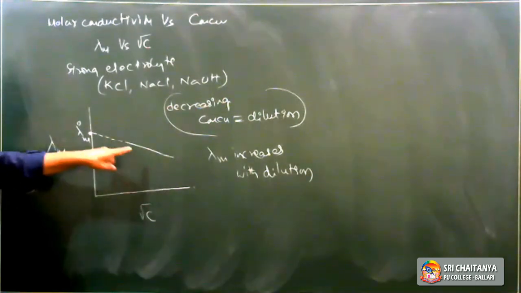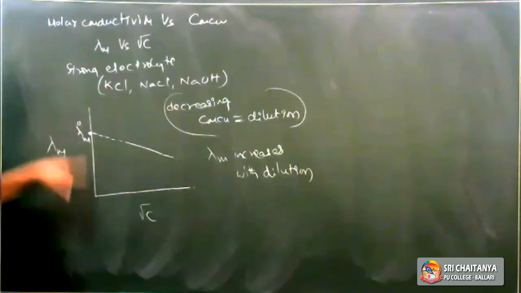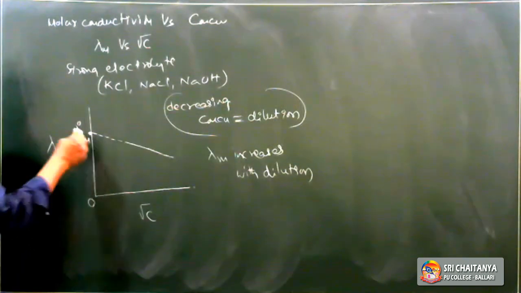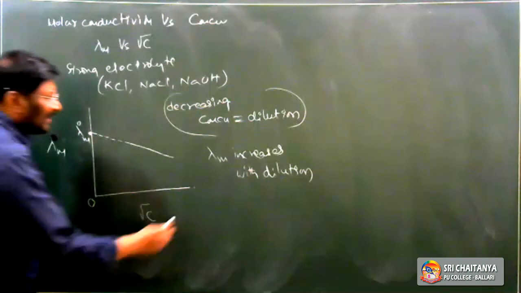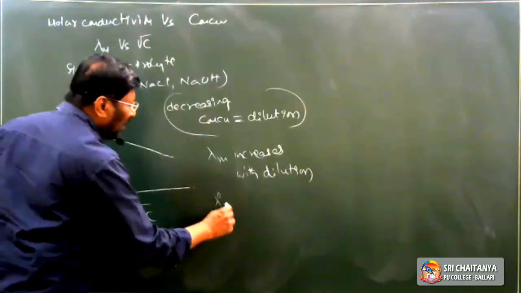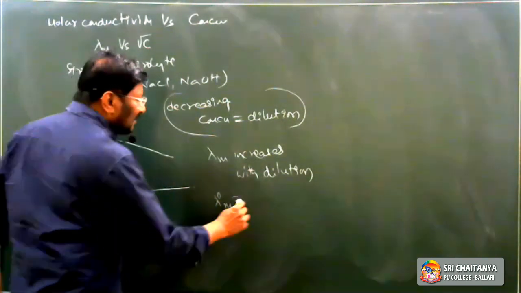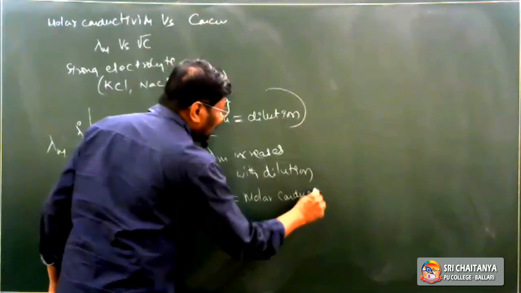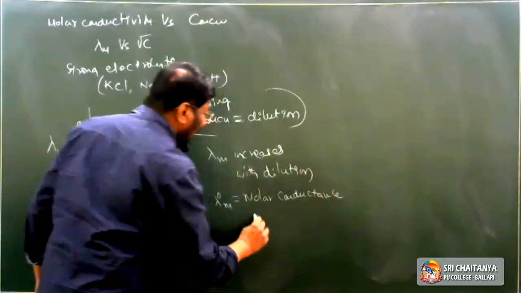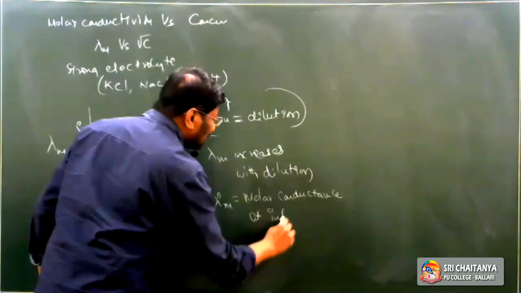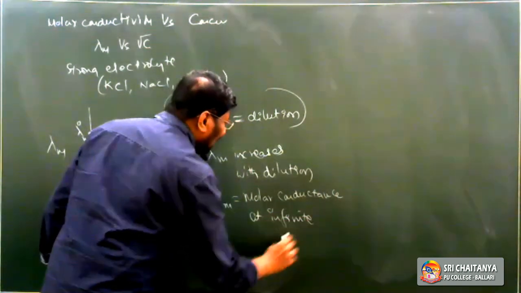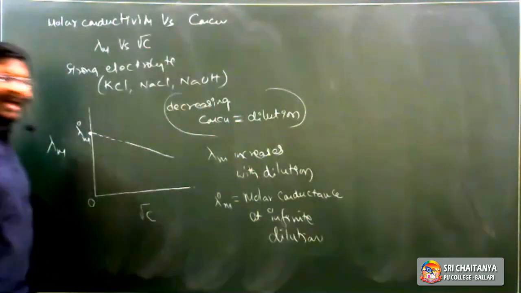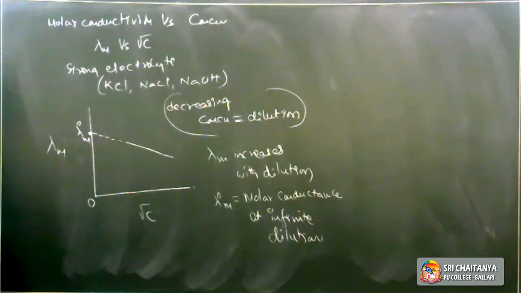So the graph is extrapolated to the y-axis, and there you call that lambda naught m, the molar conductance at infinite dilution.